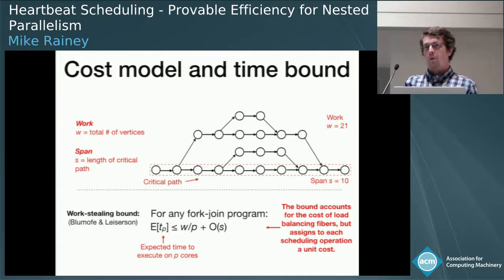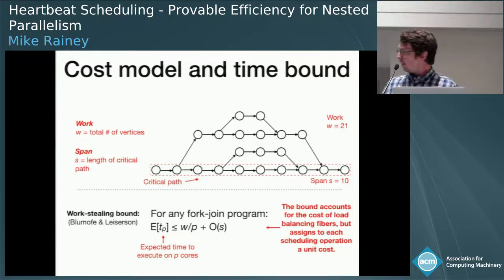One classic result in this space is the bound on the work stealing scheduler. Work stealing is a load balancing algorithm. It's basically handling the problem that occurs after you've created the fiber, and how the fibers get balanced between the cores.